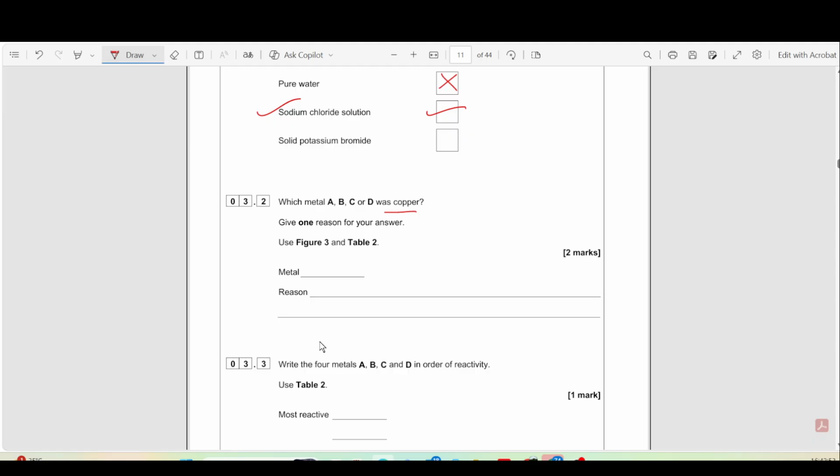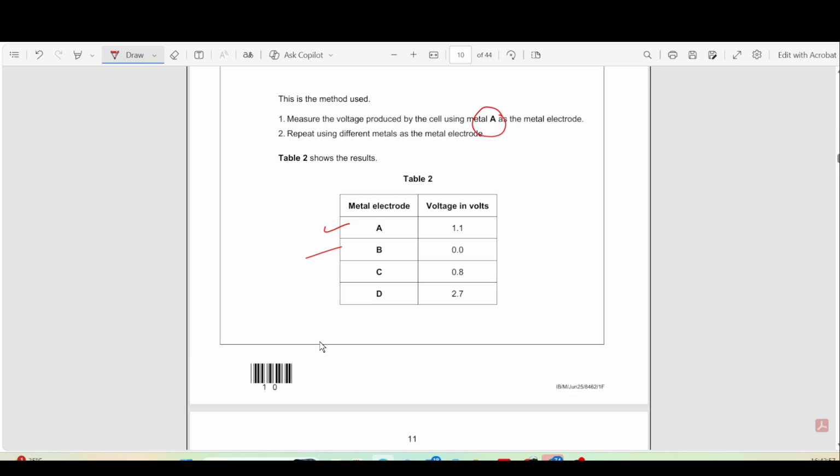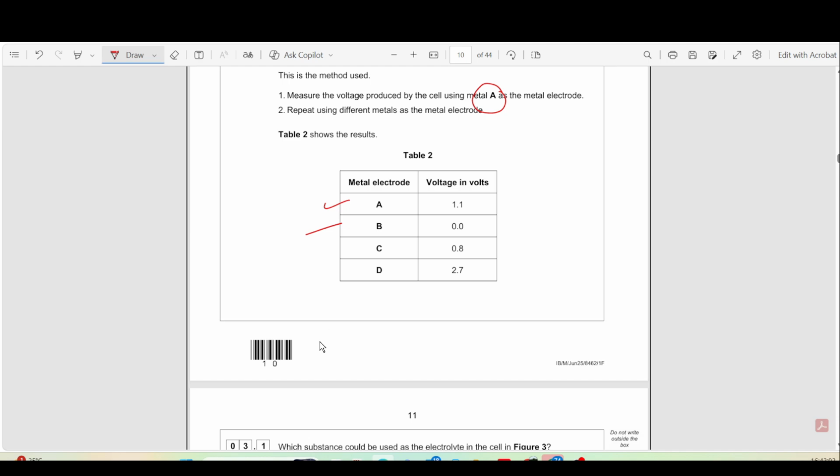So which one is producing low voltage out of these? Copper produces positive but low voltage. All of them are positive, but B is showing the lowest, 0.8.